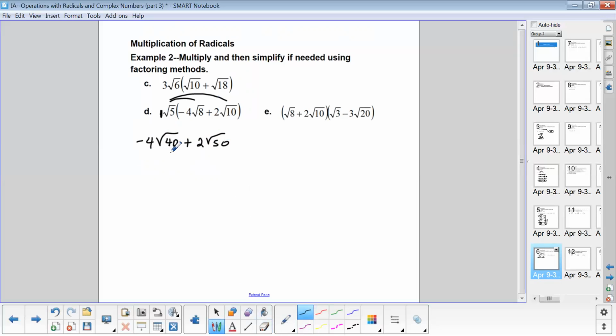And then I look to simplify both the square root of 40 as square root of 4, square root of 10 times -4. So I'm just bringing the -4 factor down. Again, I'll do that. So that square root of 4 would be 2 square roots of 10. So -8 square roots of 10.